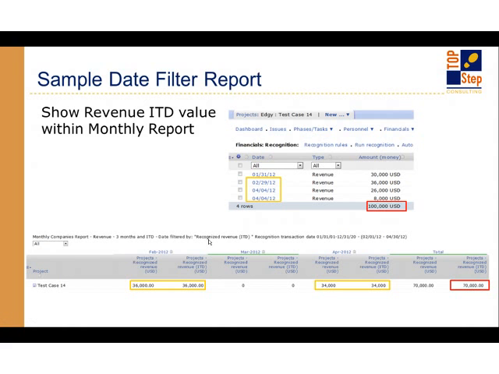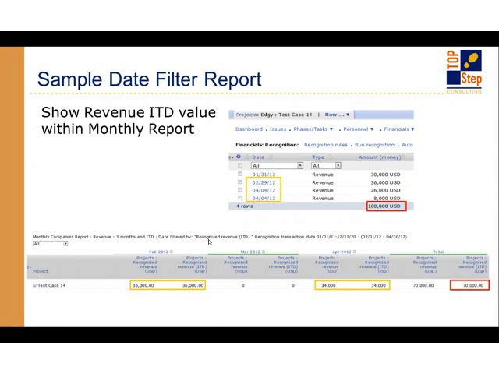So if you look at the report, you might be thinking, the ITD revenue for this project is $70,000, but if you look at the project above, you see, we're not actually including January's revenue. So it's not a true inception to date value in the report because it's been sort of cropped, if you will. So this is kind of one of the gotchas to be aware of if you want to use this feature. Let's take a look at the next example.